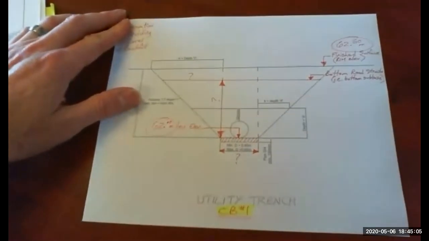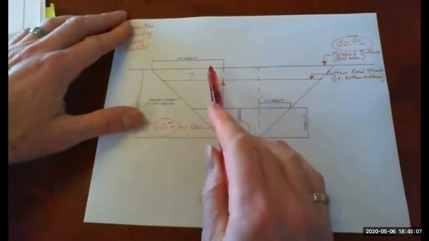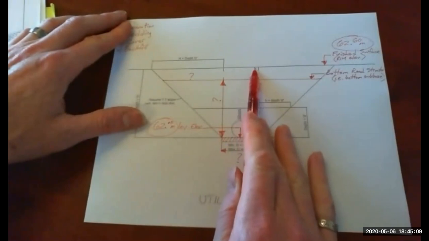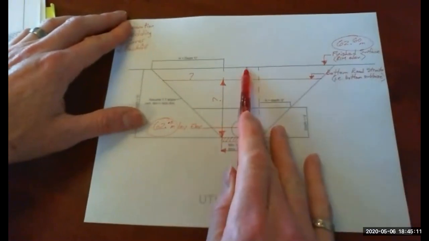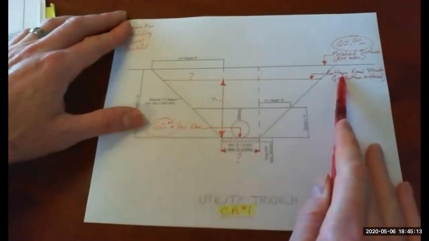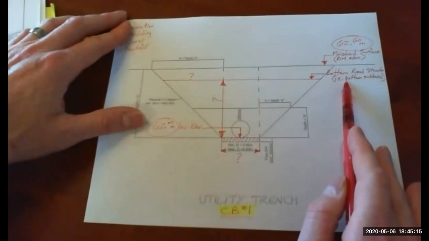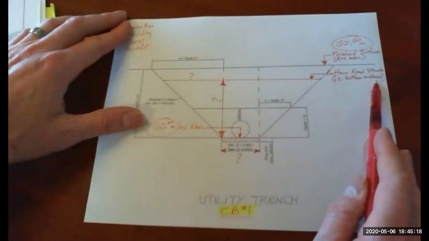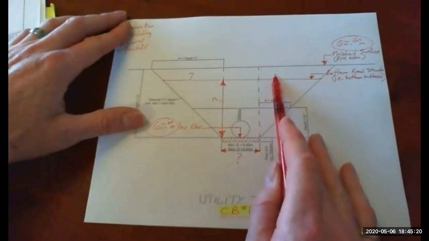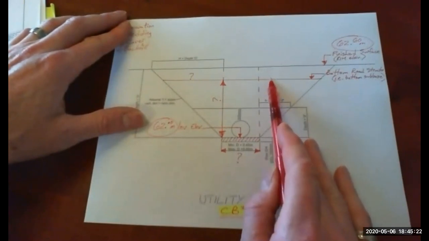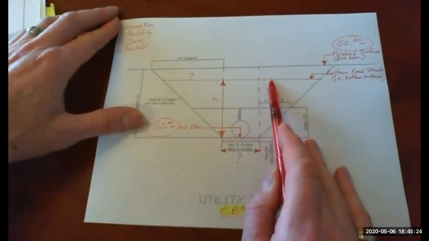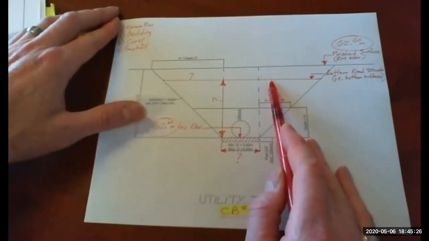Now, you were told in the question to not calculate volumes to the finished grade or the rim elevation. You were told to calculate to bottom of the road structure, in other words, the bottom of the subbase. So you had to deduct that distance off. So what was that distance?